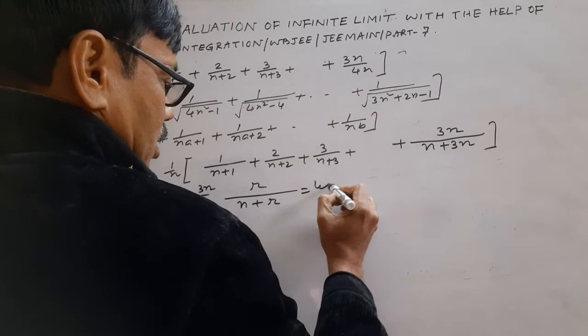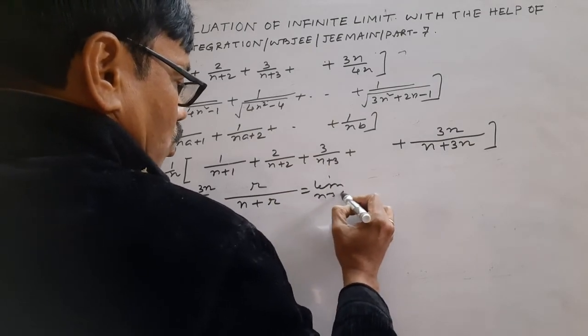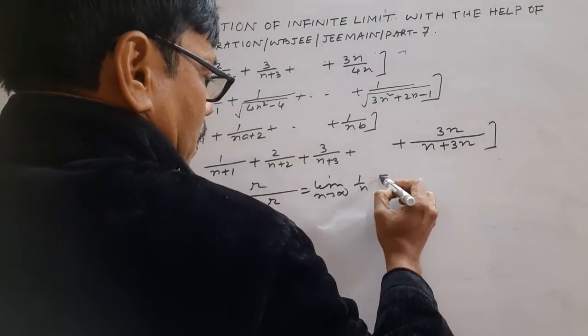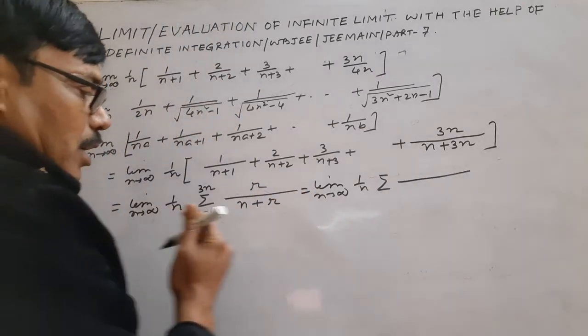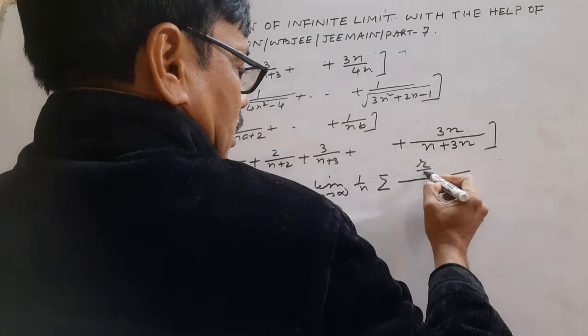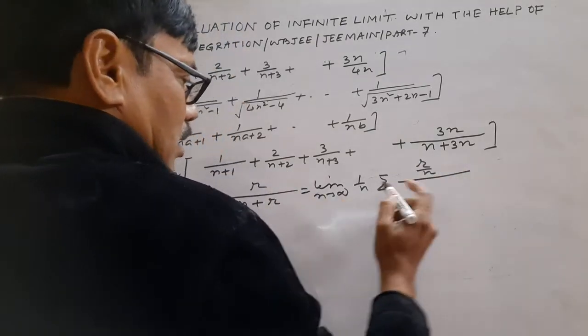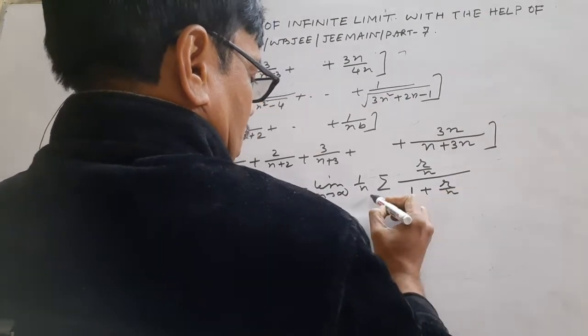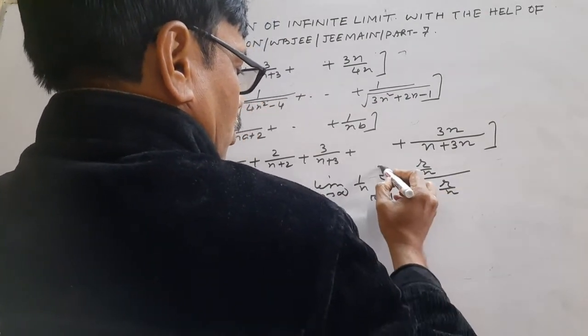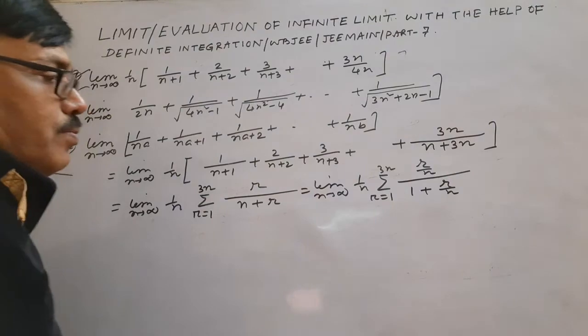Now limit n tends to infinity, 1 by n. So try to express it as a function of r by n. So divide by n, r by n. So 1 plus r by n, r equals 1 to 3n.